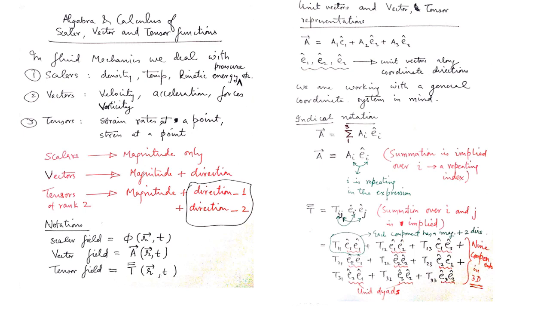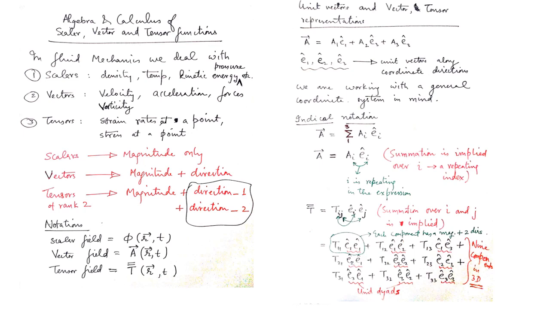Now to open it, the simple way is that you fix I and you open J, and then you again change I and write all the J's, and then again change I and write all the J's. So in 3D you have I and J varying from 1, 2 and 3, the 3 coordinate directions. So that's why the first 3 terms have I fixed as 1 and J is varied from 1, 2 and 3.